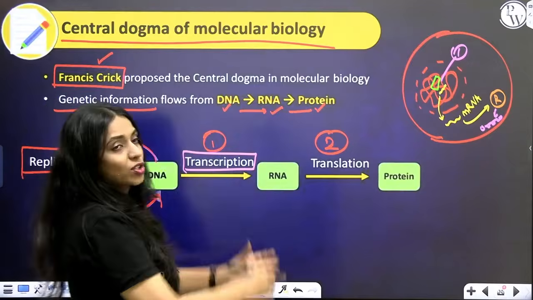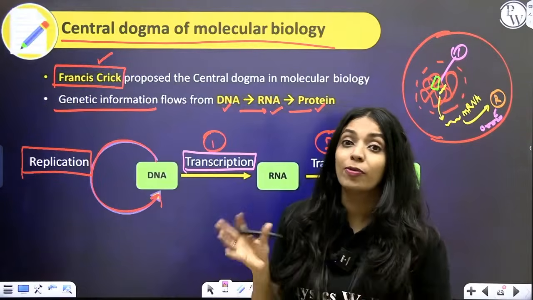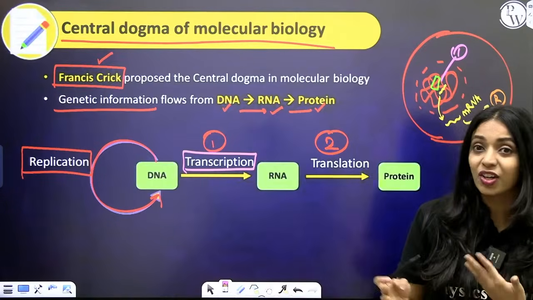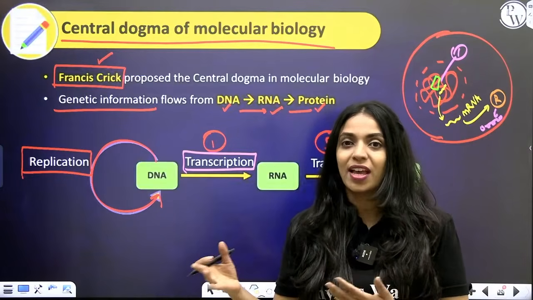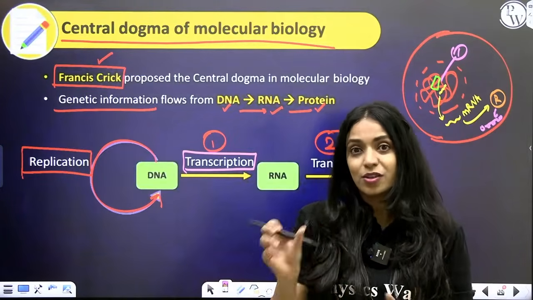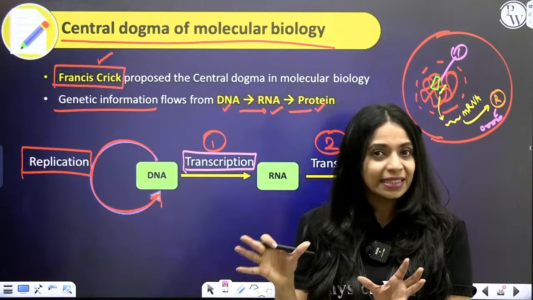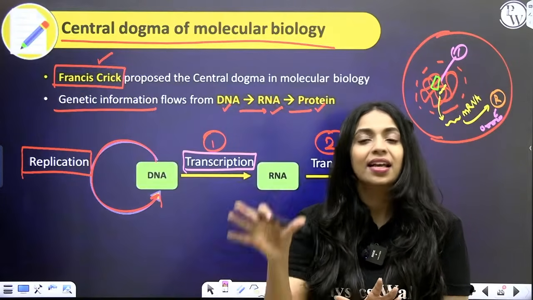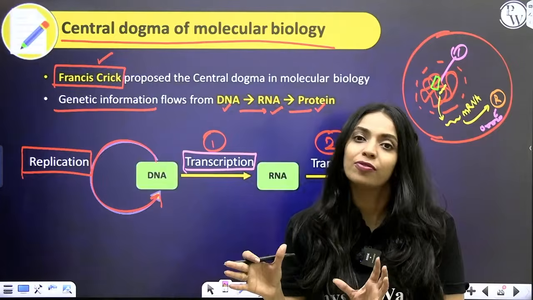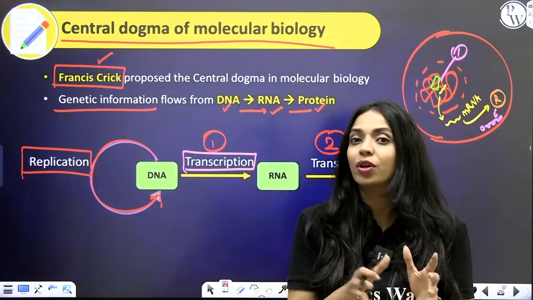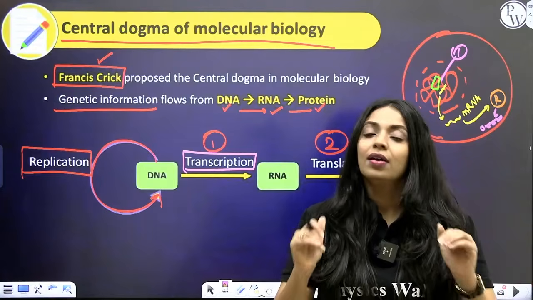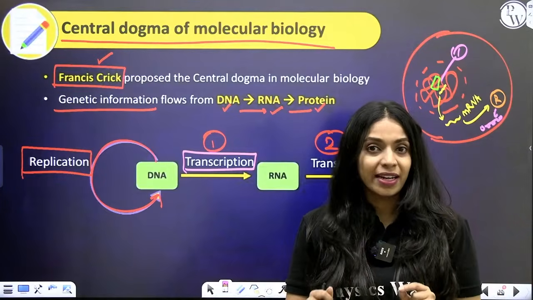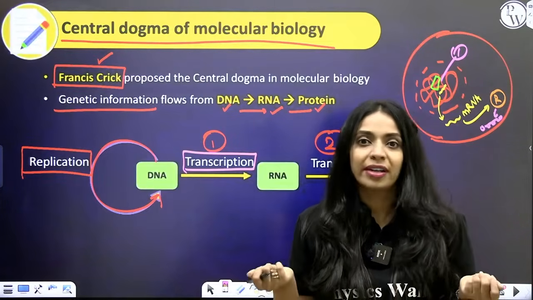The message that is copied by RNA is in the form of a coded message. Remember, if you have to write secret letters to your friends, you use different things, right? For example, if somebody has to say I love you, they say 143. That is a coded message. Like that, whatever message DNA has, it has in the form of a coded message, and that coded message can be translated only by the ribosome. So this messenger RNA, which has copied the information, cannot read it.